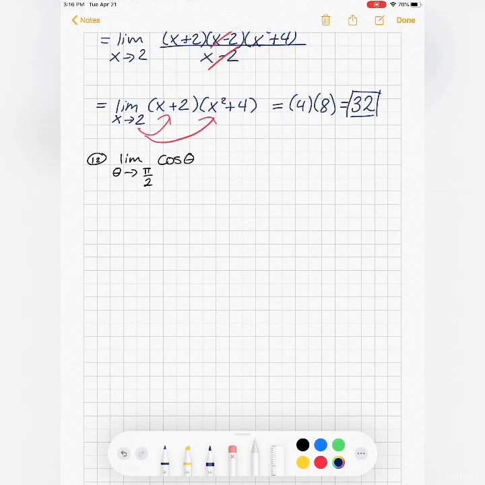Okay, limit as theta goes to pi over 2 of cosine of theta. Oh, well actually isn't this one really easy? Because, I mean, if you wanted to, you could graph cosine.